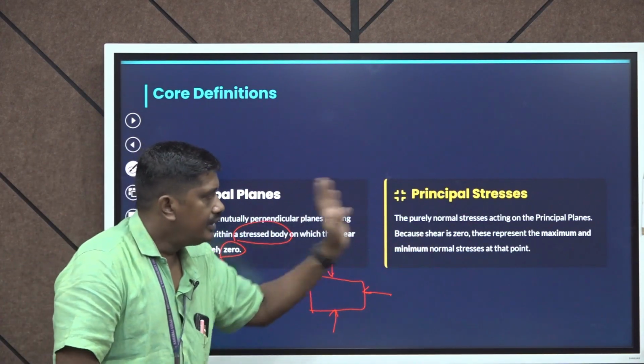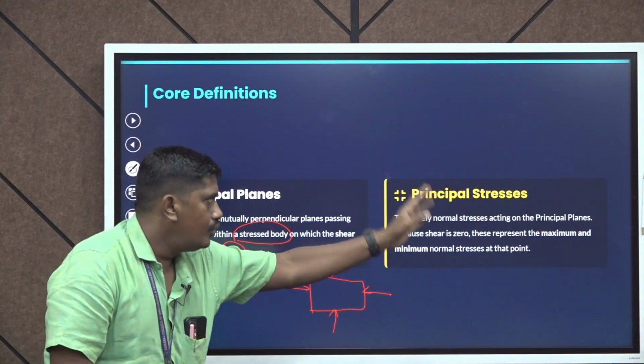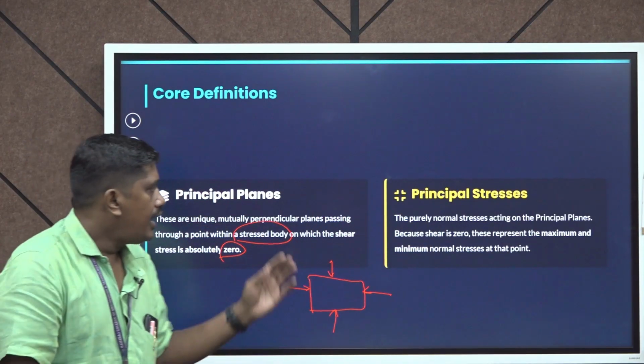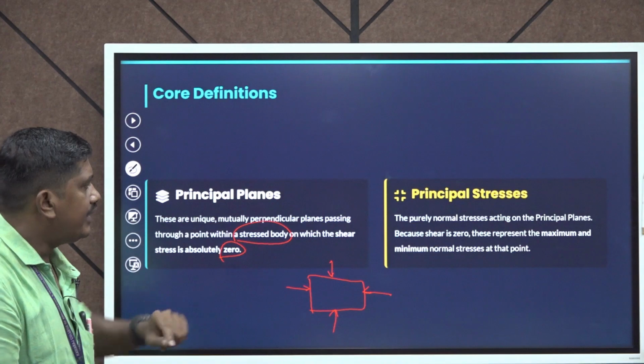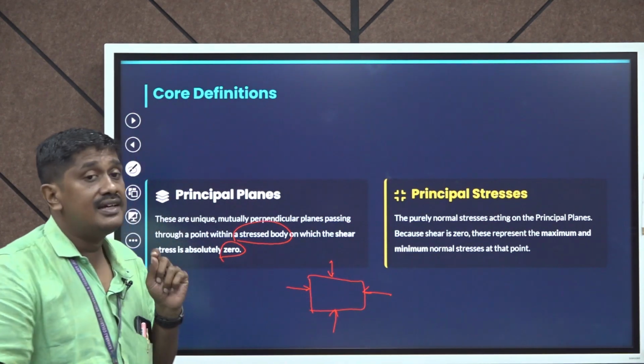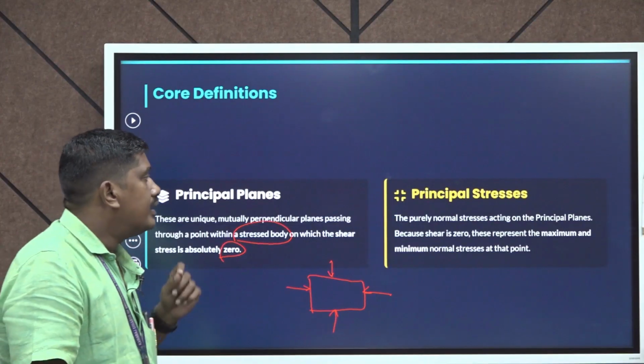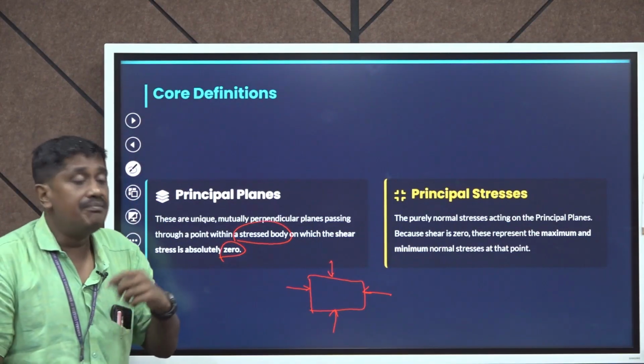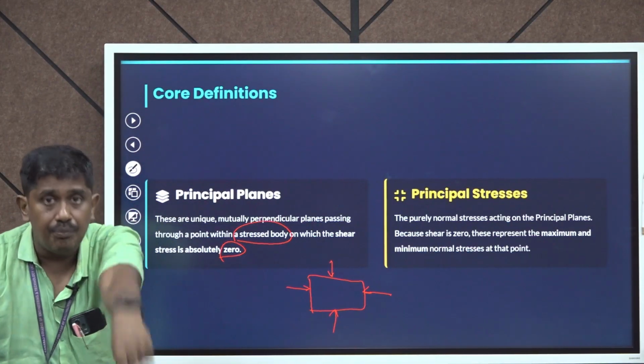Similarly, the stress concerned is purely normal stress acting on a principal plane, because the shear is 0. These represent the maximum and minimum normal stress at any point.